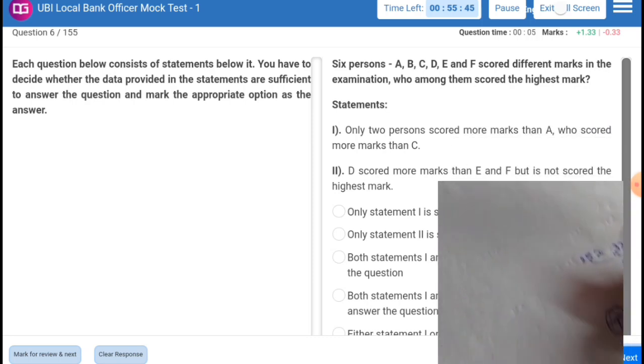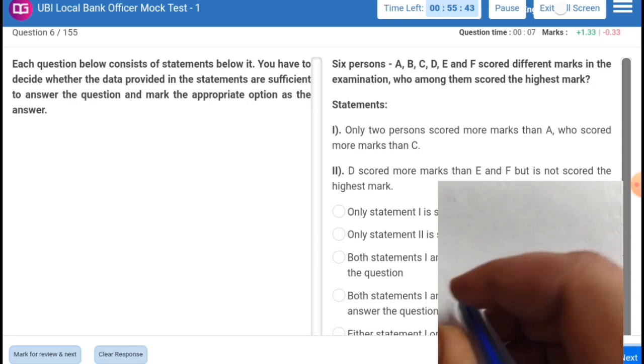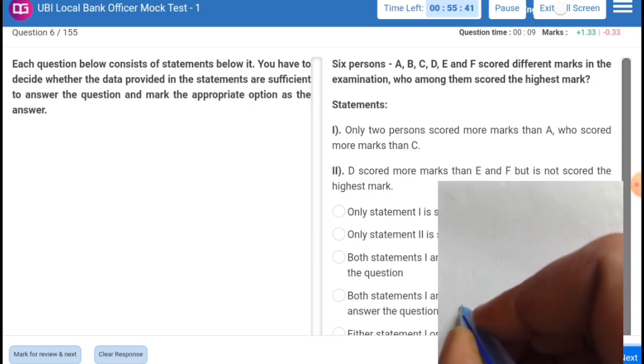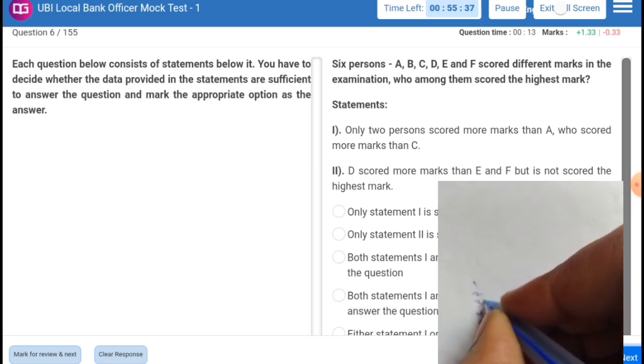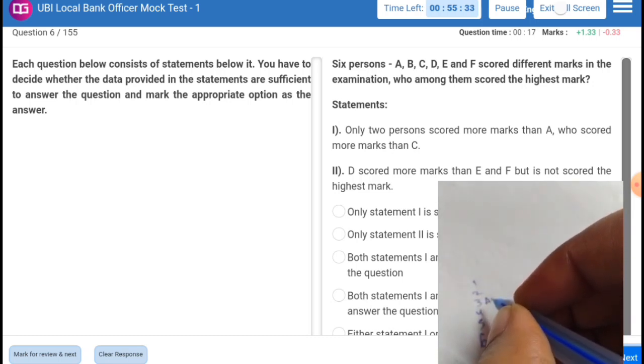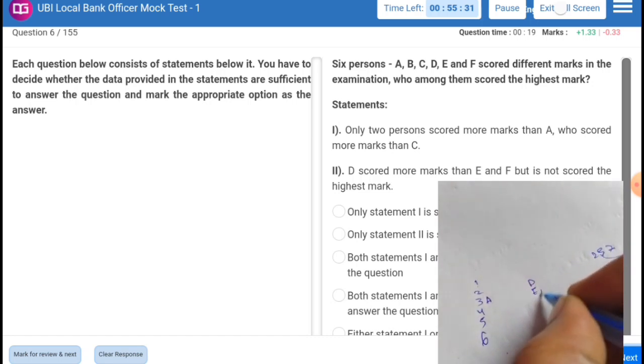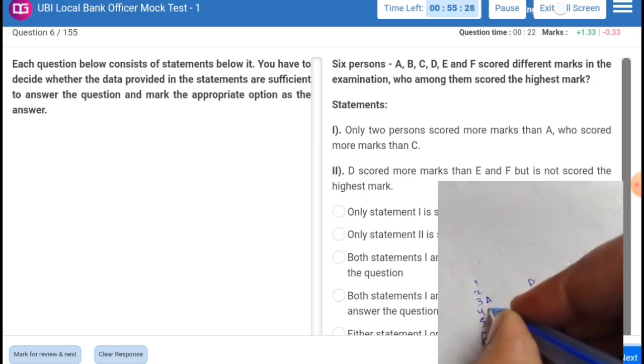Next is: only 2 persons scored more than A. 4, 5, 6. Only 2 persons scored more than A, scored more than C, and D scored more than E and F, but did not score the highest marks.